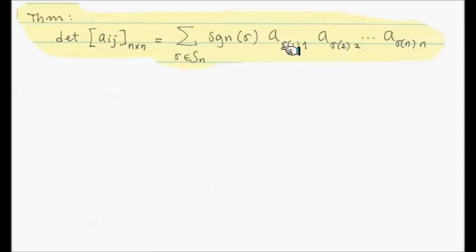This notation here is called the sign of that permutation. If it takes an even number of swaps to get the indices in the correct order 1, 2, 3, 4, all the way up to n, then the sign is positive 1. If it takes an odd number, it's negative 1. It's not that simple to explain why the parity doesn't change.